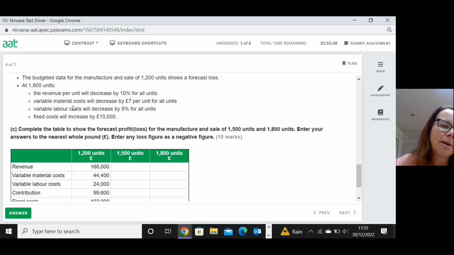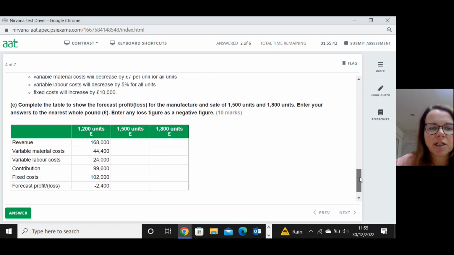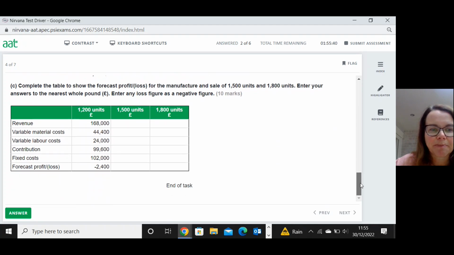Right, so all of these changes up here only apply at 1,800 units. So at 1,500 units, I'm going to do pretty much a normal flexing of the budget. So if I know that the revenue for 1,200 units is £168,000, if I do 168,000 divide by 1,200, I effectively calculate what the revenue per unit is.